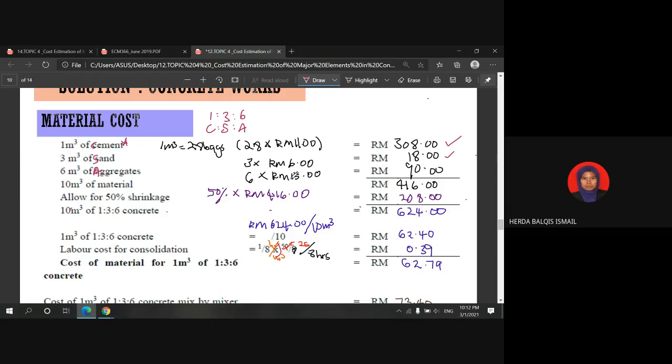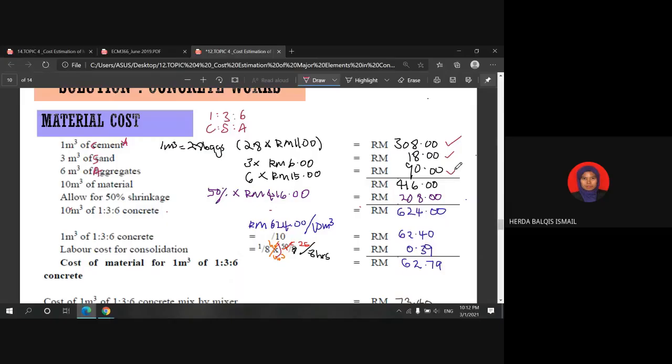And for aggregate, 6 cubic meters at 15 ringgit per cubic meter. Arithmetically, once you total up 1 plus 3 plus 6, you get 10 cubic meters of materials. Therefore, the total price of the materials is 416 ringgit.